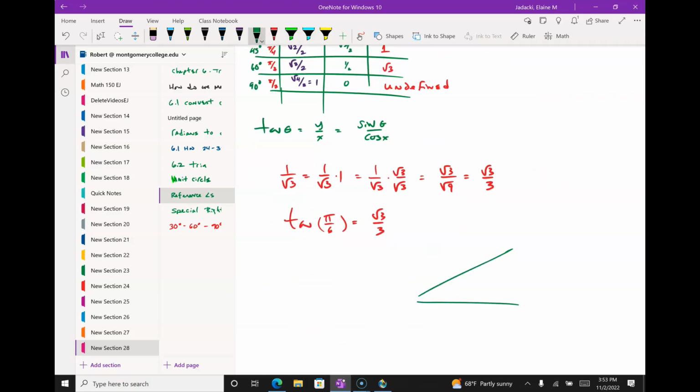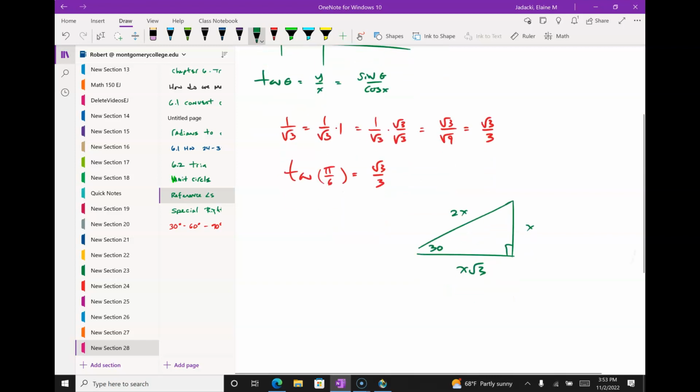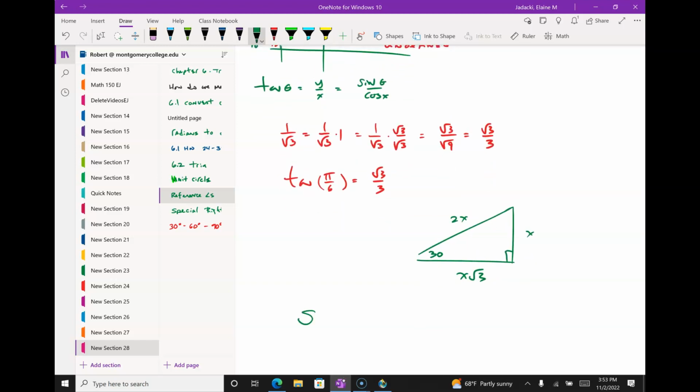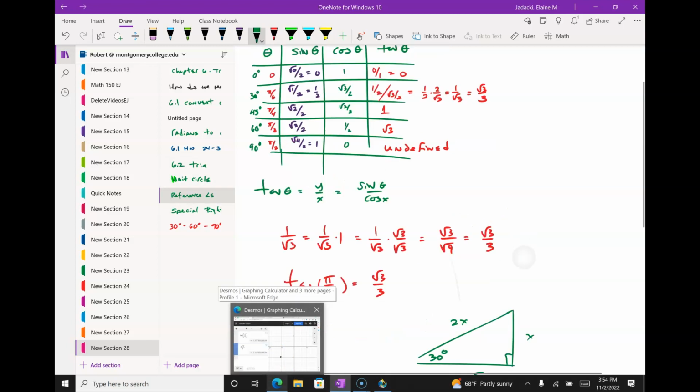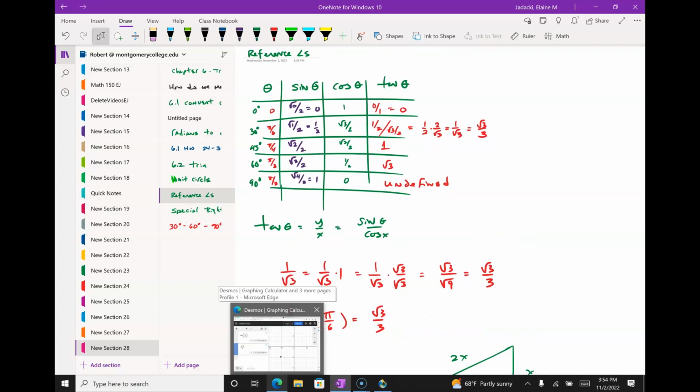Imagine I put my 30-degree angle down here. Again, this is 2x, this is x rad 3. What about the cosine of 30 degrees? That's the same as the cosine of pi over 6, right?